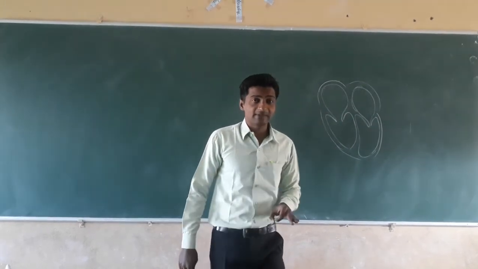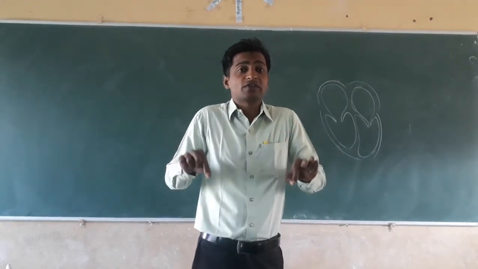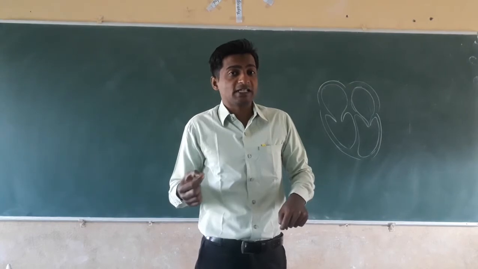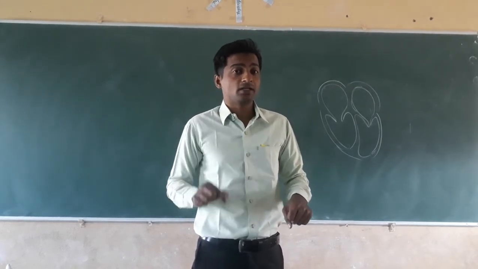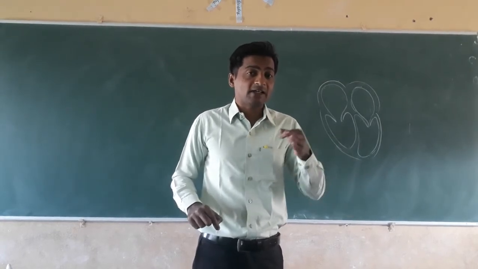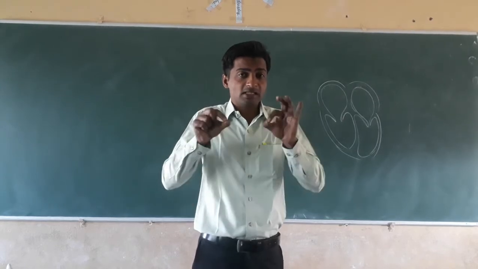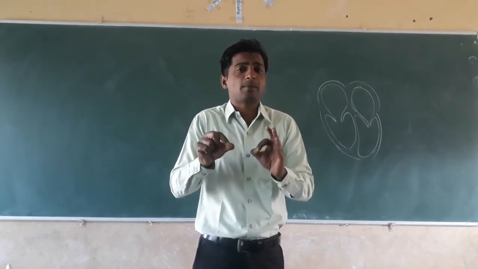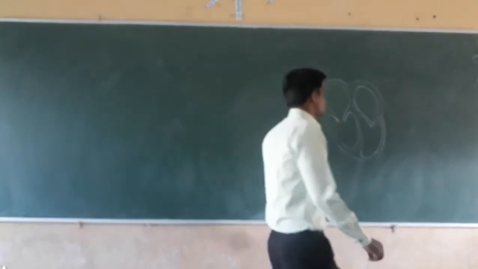In these four chambers, the oxygenated and deoxygenated blood enter at a time in separate chambers. Oxygenated blood means the pure, oxygen-rich blood, and deoxygenated blood means carbon dioxide-rich blood. See here what happens.